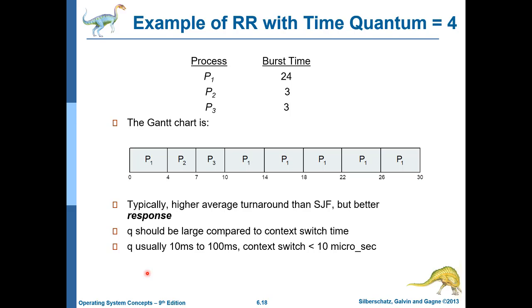Normally the q is between 10 to 100 milliseconds, the time for which a process executes on the CPU, and the context switch is less than 10 microseconds. So the context switch time is usually about 1000 times smaller than the q time.